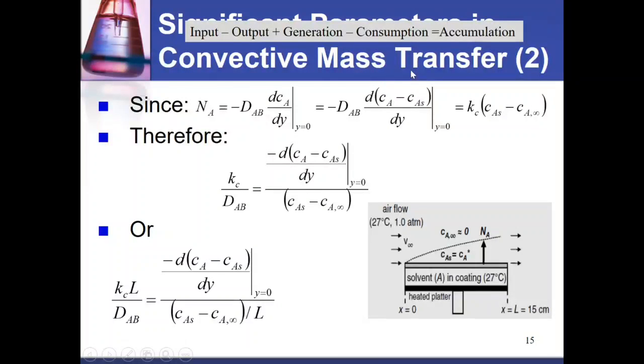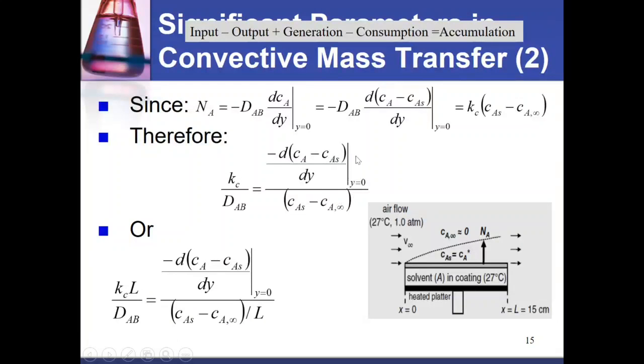Minus DAB times the derivative of CA minus CAS over dy equals the convective flux. If you divide both sides by CAS minus CA infinity and DAB, you get minus d(CA minus CAS) over dy at Y equals 0, over CAS minus CA infinity, which equals the ratio of the convective mass transfer coefficient over the diffusive mass transfer coefficient. If I multiply by L here and L here, nothing changes because you multiply by the same quantity.